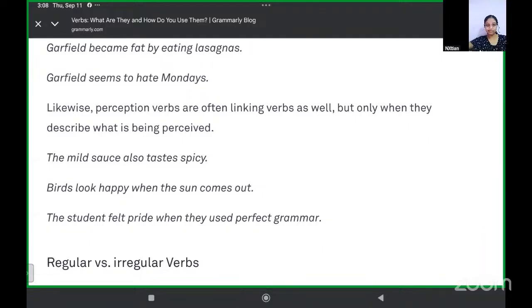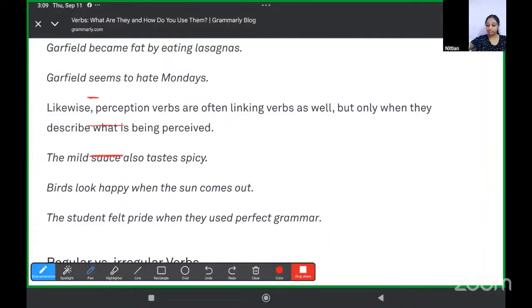So the first one, it's also. Yes, Cedric. I think the first one, the linking verb is taste, and the second one it is look, and the third one is felt. Third one is felt.